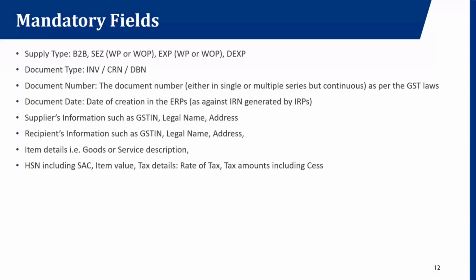The item details are also required here: goods or service descriptions, the HSN code and the tax details. All these details are mandatorily required to generate the e-invoice. If you keep them blank, it will not get generated. Blank is not an option.